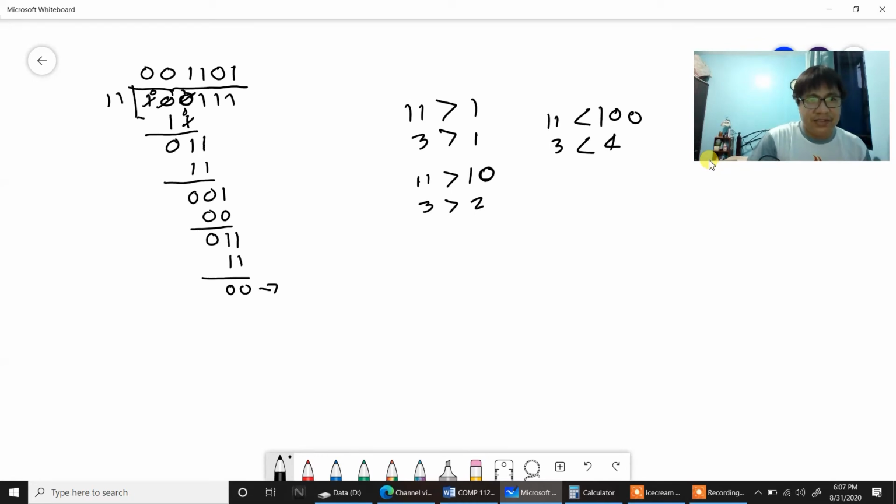Okay. So now to make our solving exact to the decimal, we try to convert first. So 1 1, that means this is 3.